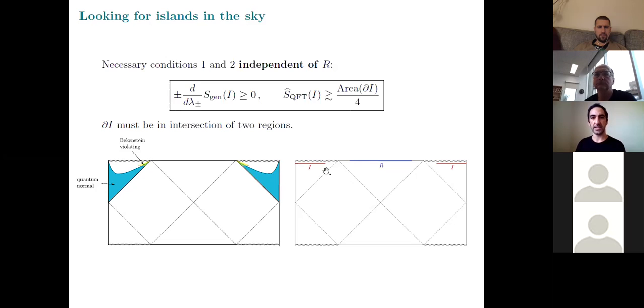And that island is the island for the entropy on this slice here. And the interpretation of this is exactly like the computations of an evaporating black hole in AdS or flat space. You just measure the entropy in the exterior of the black hole, and if you measure enough of it, then an island will appear in the interior of the black hole. Okay, the physics is precisely the same.